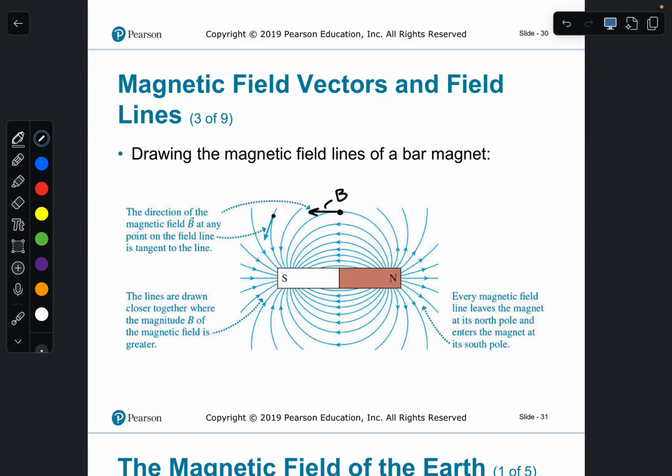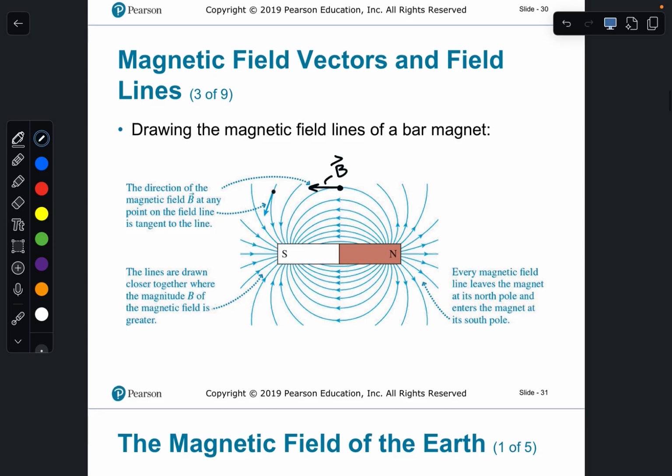That would be our B field vector, pointing towards south, away from north. So that's rule number one. This is similar to electric fields pointing towards negative and away from positive. A lot of people think of the North Pole as being the positive and the South Pole as being the negative. Just an analogy.